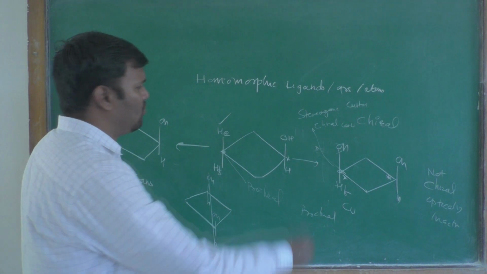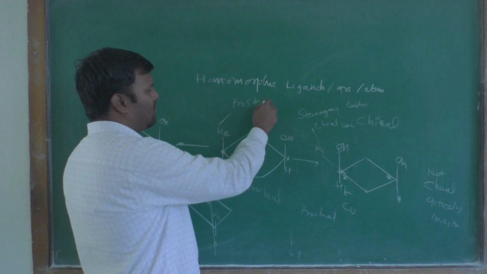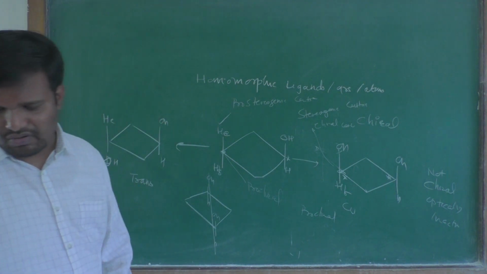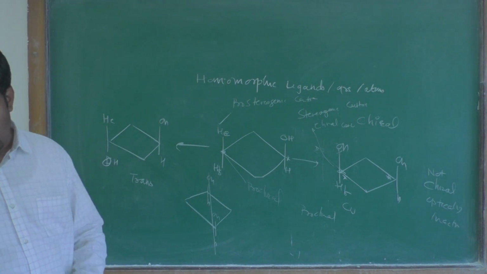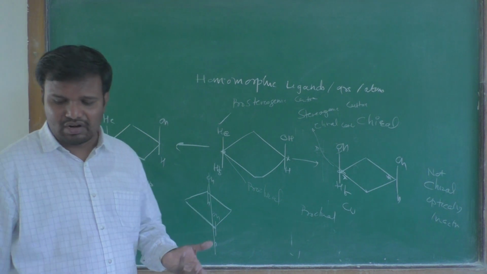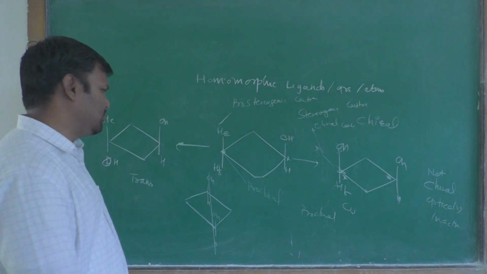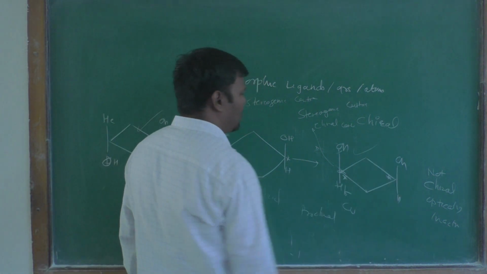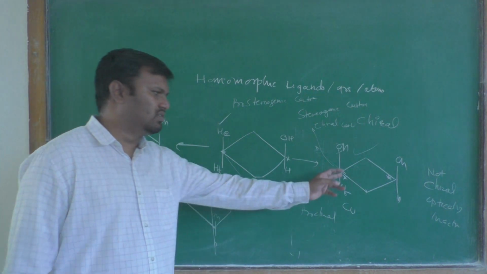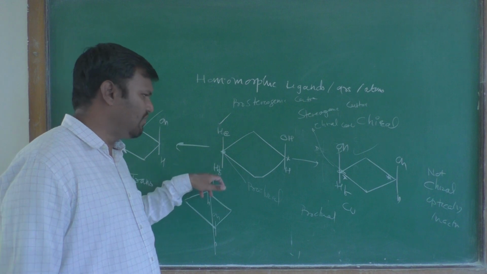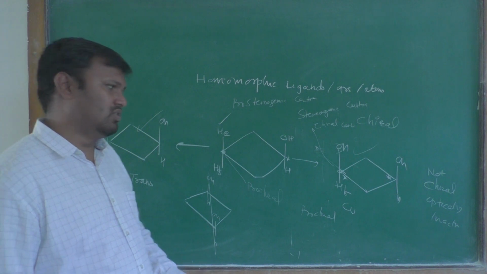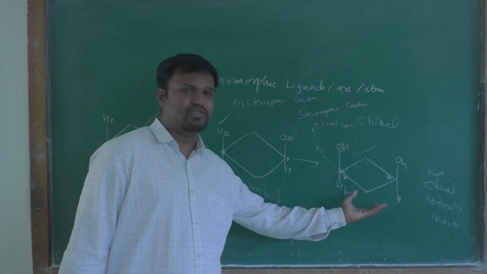Okay, therefore, such types of center are called the pro-stereogenic center, instead of prochiral center. Okay, instead of prochiral center, we call them pro-stereogenic centers, and the isomerism produced is called pro-stereoisomerism. Okay, these two compounds are pro-stereoisomers to each other. In such compounds, though you produce the chiral center by replacing He or Hf, that center is not called the prochiral center, because your obtained compound is not chiral.